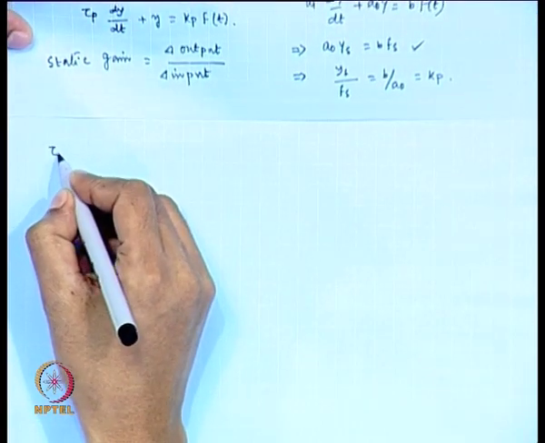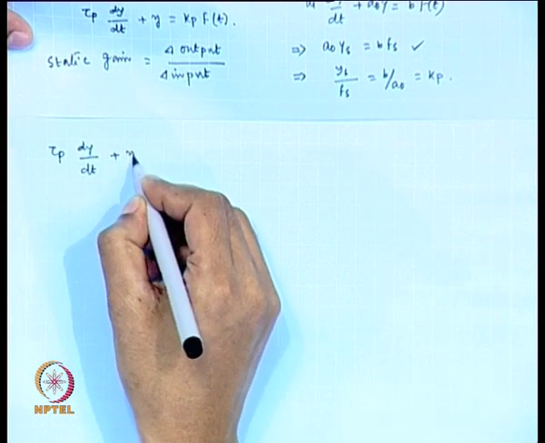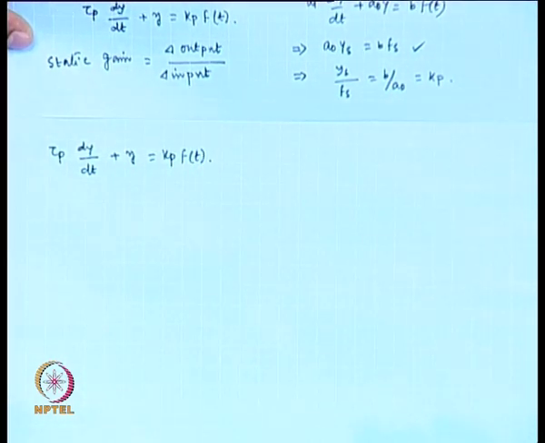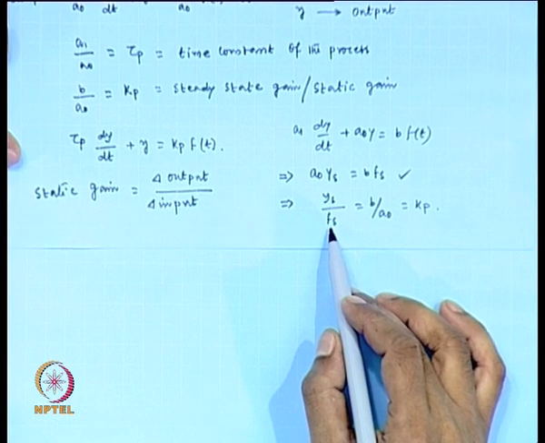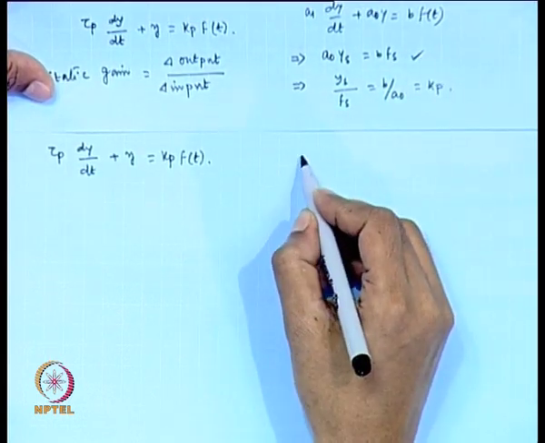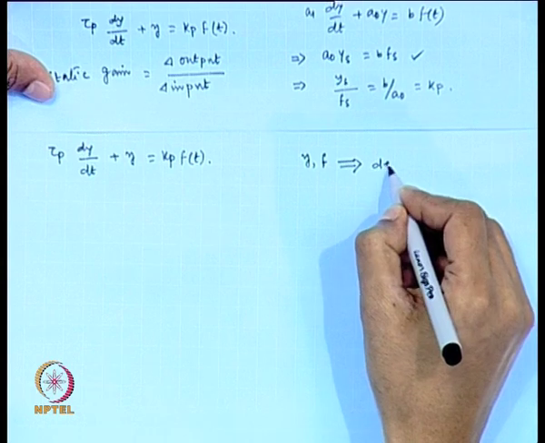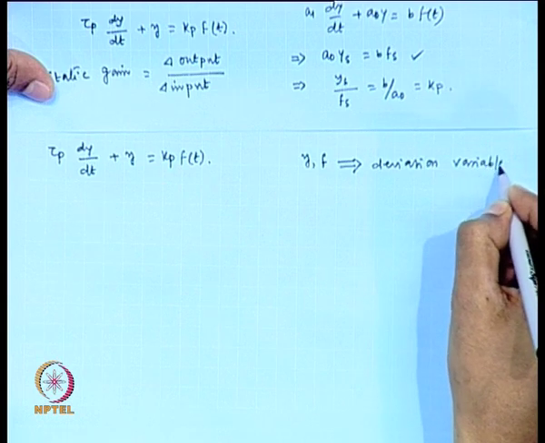Now, we will go back to the equation. We got tau p dy dt plus y equal to Kp f t, where y and f both are deviation variables, fine. That is why we have written here this as delta output and this as delta input. So, y and f both these variables are deviation variables.